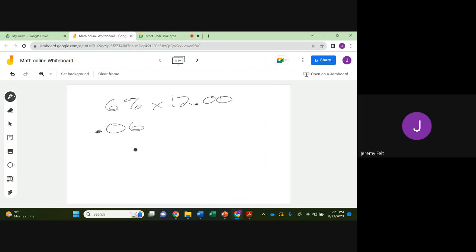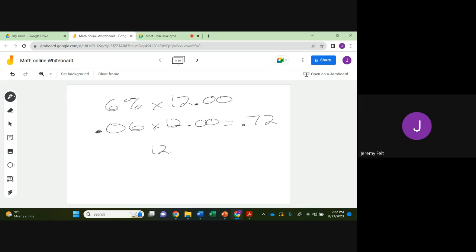So this percent becomes 0.06, not 0.6, because that would be 60%. We don't want to pay 60% sales tax. So 0.06 times 12, or 12.00, and that equals 0.72. So 72 cents. So that's the tax we're paying.